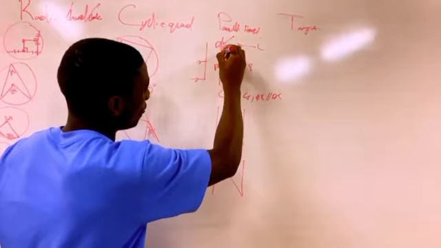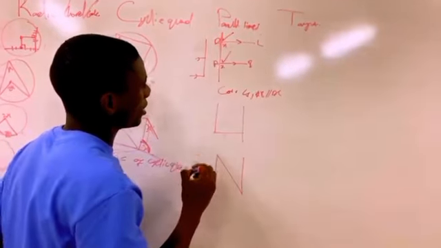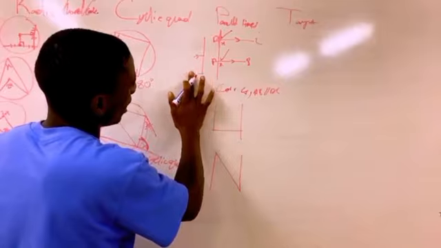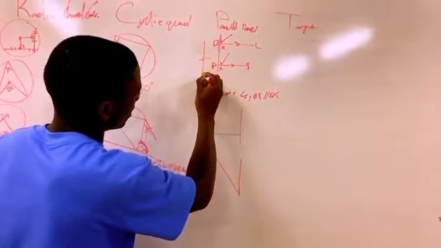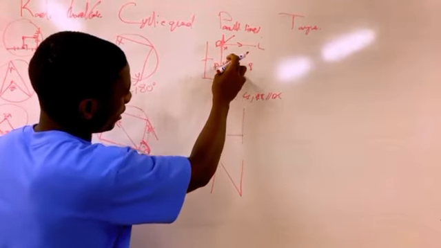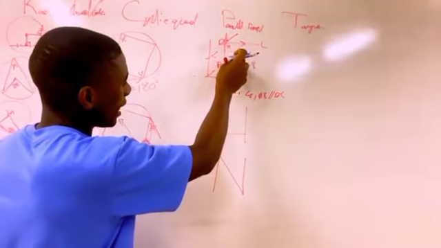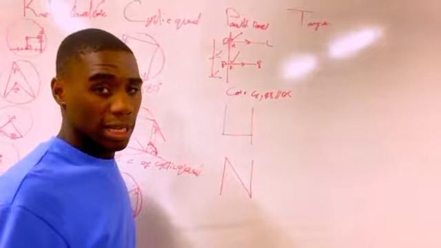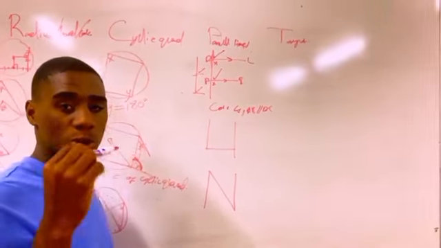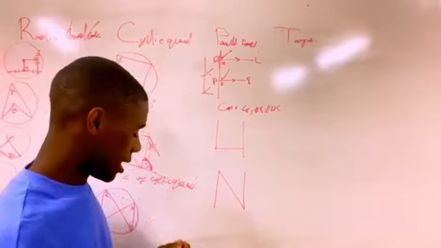This means that if you extend this line, this angle will be equal to this angle. Now this F is facing this side. The F starts here. This angle is here, and this angle is here. They must always be on the same side of the parallel lines, under or above. Now we move on.